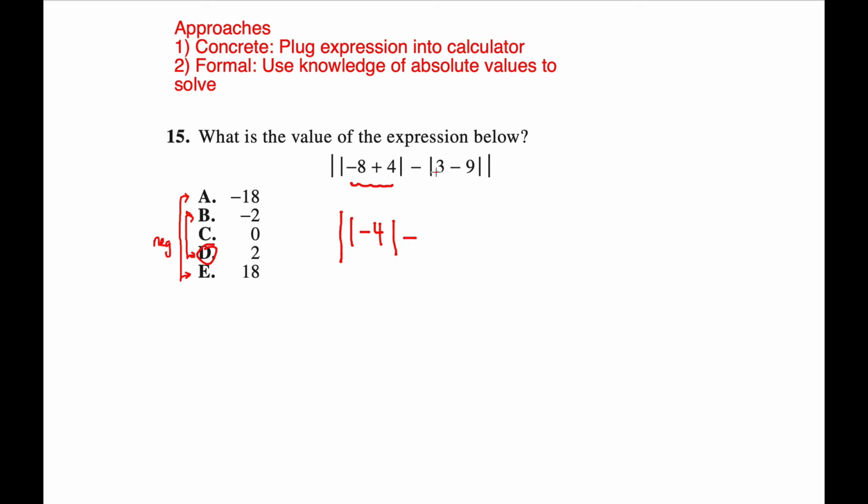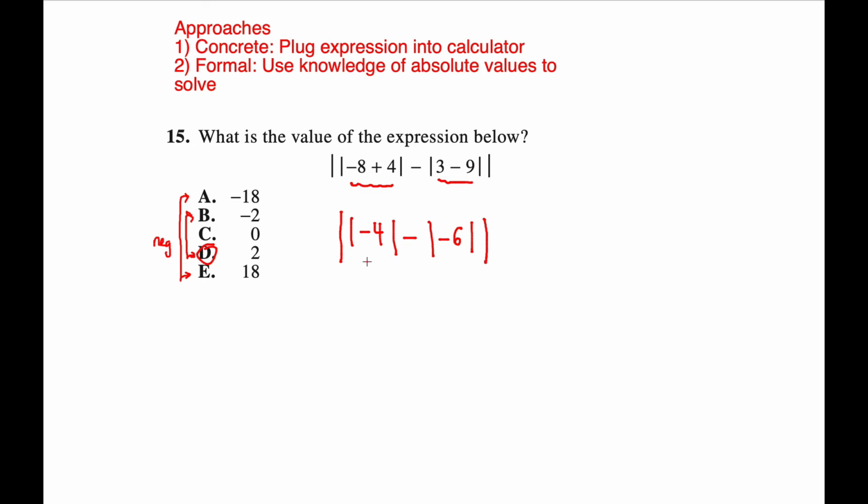Then we have this minus. Now let's do the operation inside this absolute value next. We have 3 minus 9, which is going to be negative 6. So we'll put that inside the absolute value. We still have this other absolute value there. And then now that we have the final number inside the absolute value sign, we can go ahead and take the absolute value of that number.